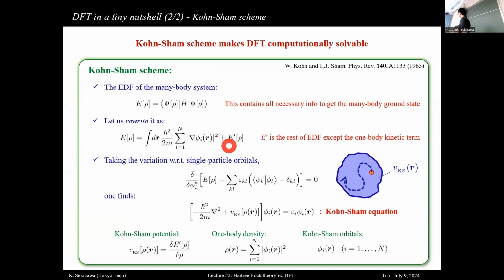Since in the electronic system you know the interaction, you can have an exact form for a certain part of the interaction.